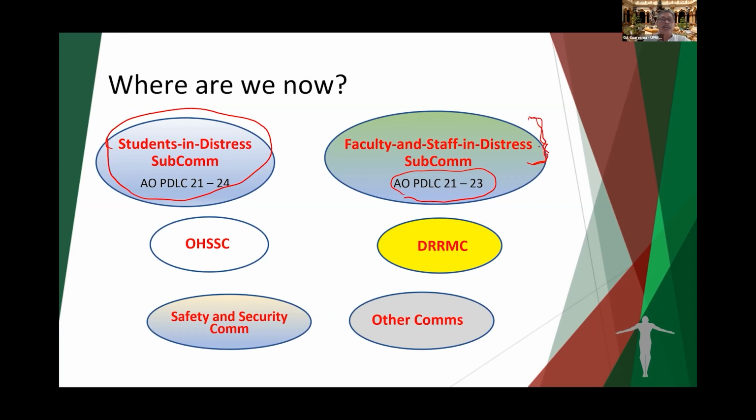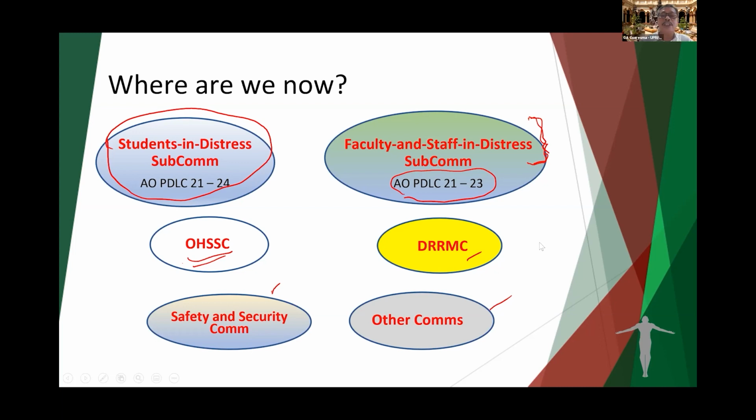Now, some units have their OHSSC. This is the Occupational Health and Safety Standards Committee. I know for a fact that UPLB has the OHSSC. Some units or CUs have their DRRMC. Some have their Safety and Security Committee, and other CUs have their other committees.